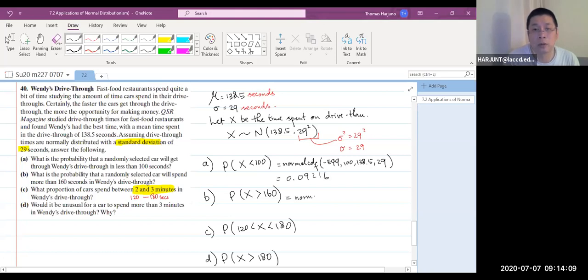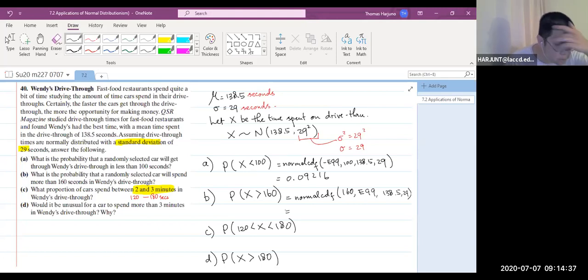Normal CDF 160, E99, 138.5, 29. I get 0.22923.